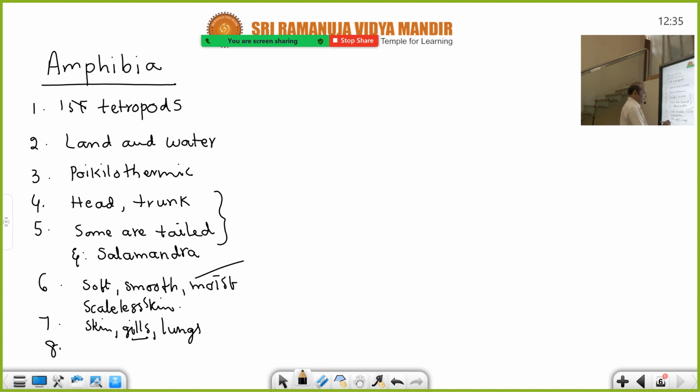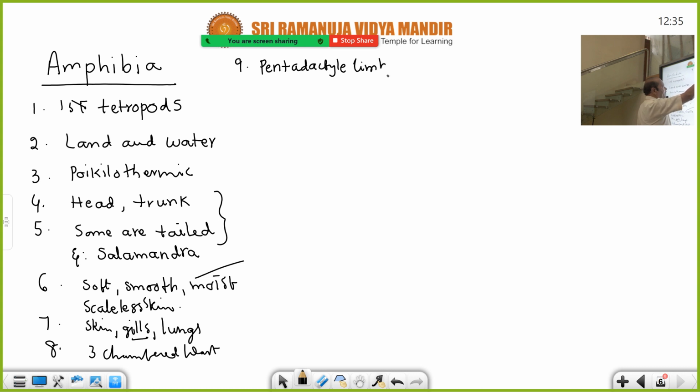And the three-chambered heart is present. Three-chambered heart. First, pentadactyl limbs, already first tetrapods. That implies that they have pentadactyl limbs. Penta means 5, dactyl means digits.